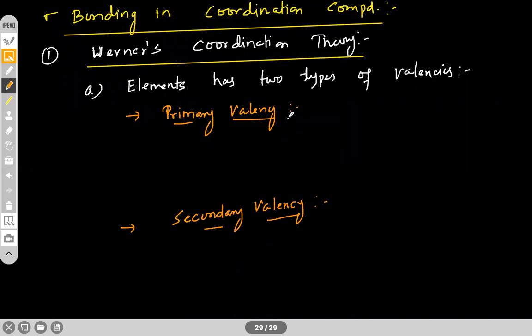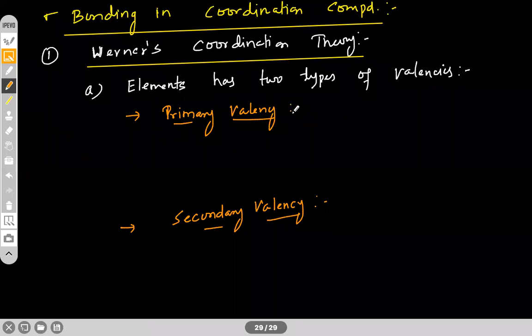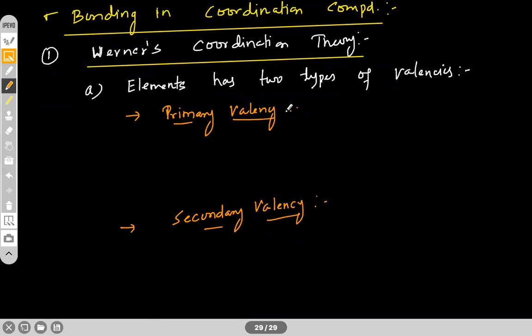It corresponds to the oxidation state of the central atom. CMA, write down, central metal atom. It corresponds to the oxidation state of the central metal atom, and it is shown by a dotted line.